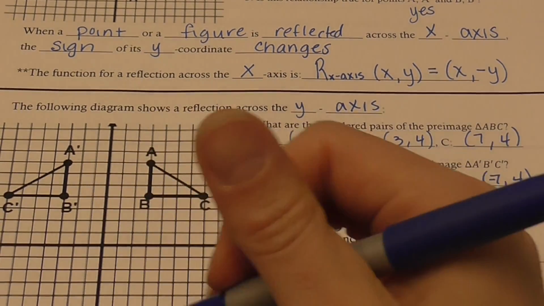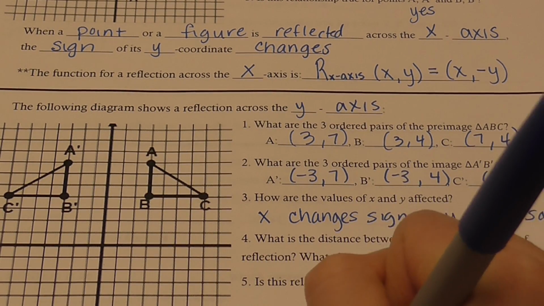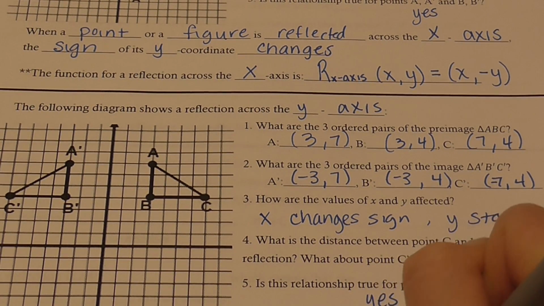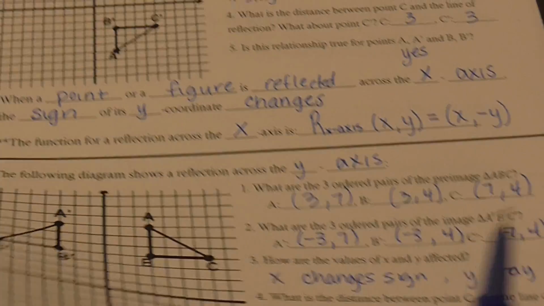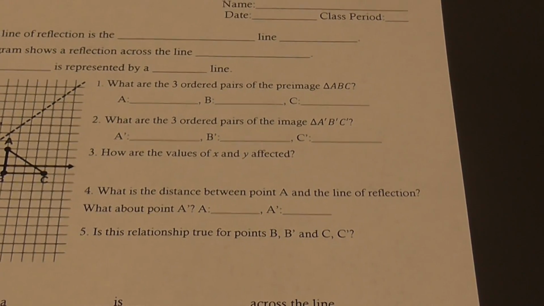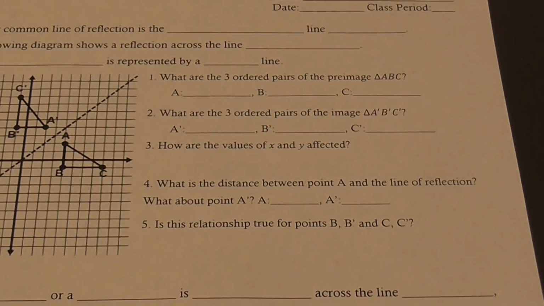So the function for reflection across the y-axis is a reflection over the y-axis, where the point x, y becomes negative x, y. So it's just changing the sign of x. We're going to stop there for now. We'll finish this one in class.